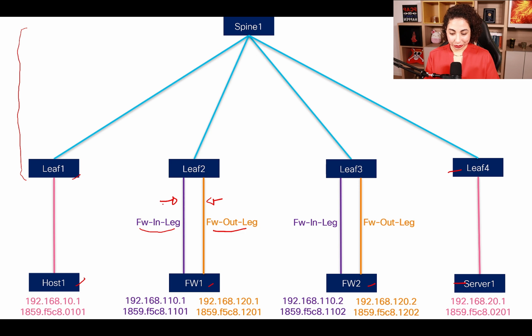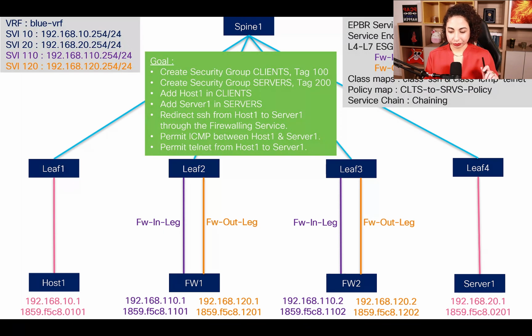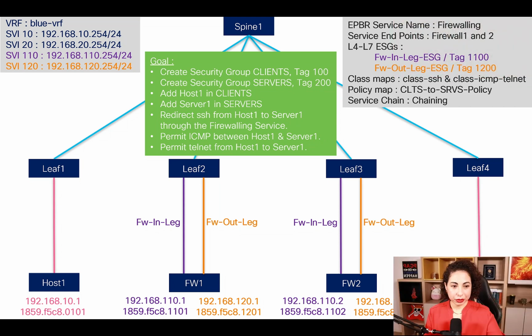Okay, so that's it for the lab environment. Now let's check what we will have from a logical perspective and configuration and goals for our lab. Here we have just one VRF. Inside this VRF, we are attaching everything: the host, the server, and the firewalls. The VRF name is the blue VRF. Then we have a couple of SVIs, as you can see.